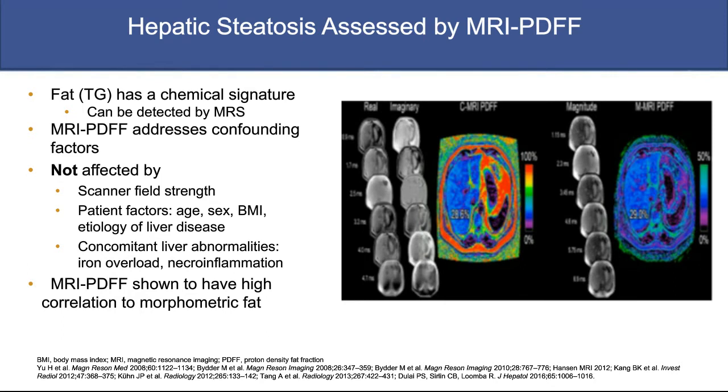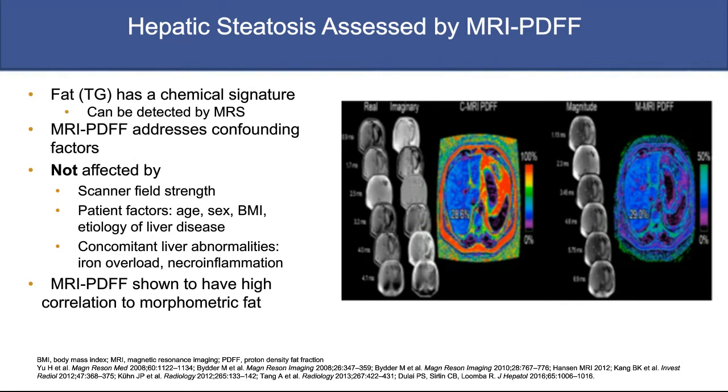Of course, MR spectroscopy has a number of weaknesses, which leads to a number of confounders that are removed by using MRI PDFF. MRI PDFF has already been shown to have good correlation with morphometric fat, meaning quantifying fat by morphometry.